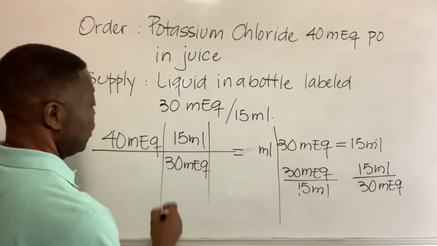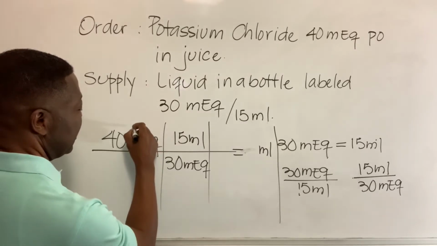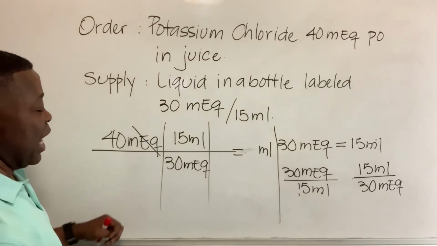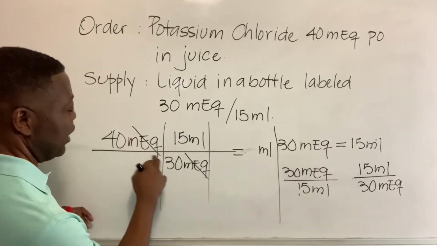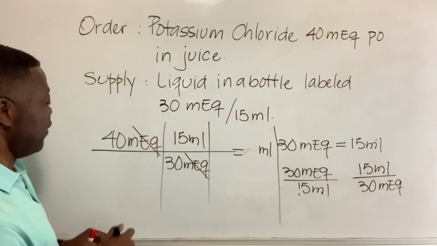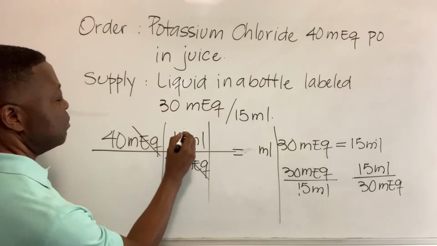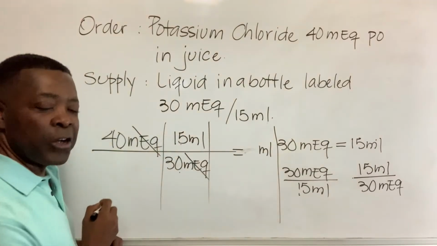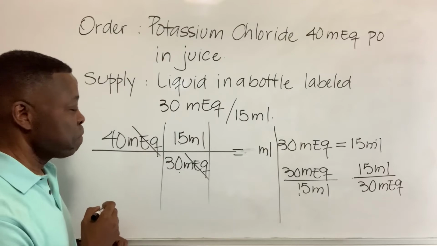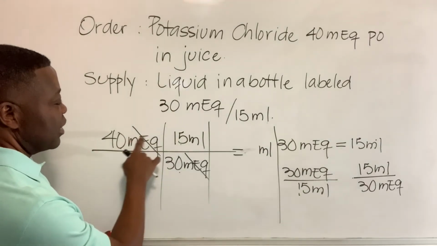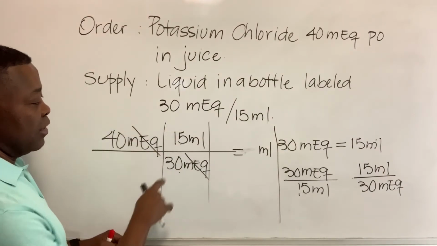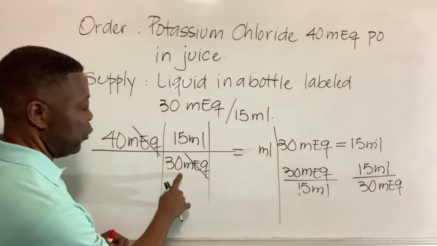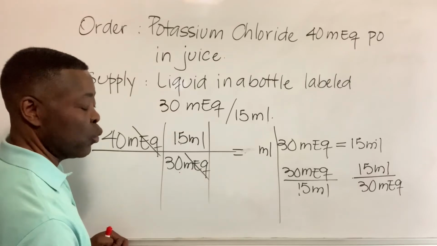I don't think so, because here milliequivalent show on top and at the bottom. So milliequivalent cancel. All I have left is 40 times 15 over 30. All right? 40 times 15 is 600. 600 divided by 30 is 20.